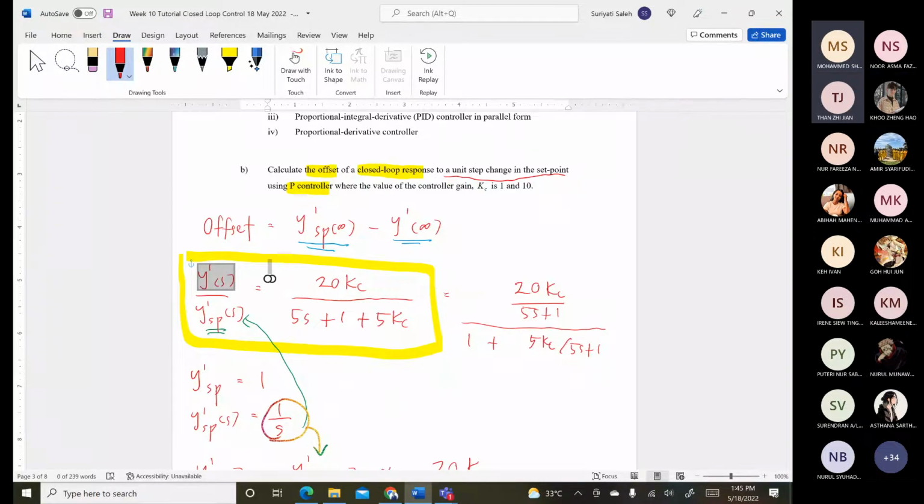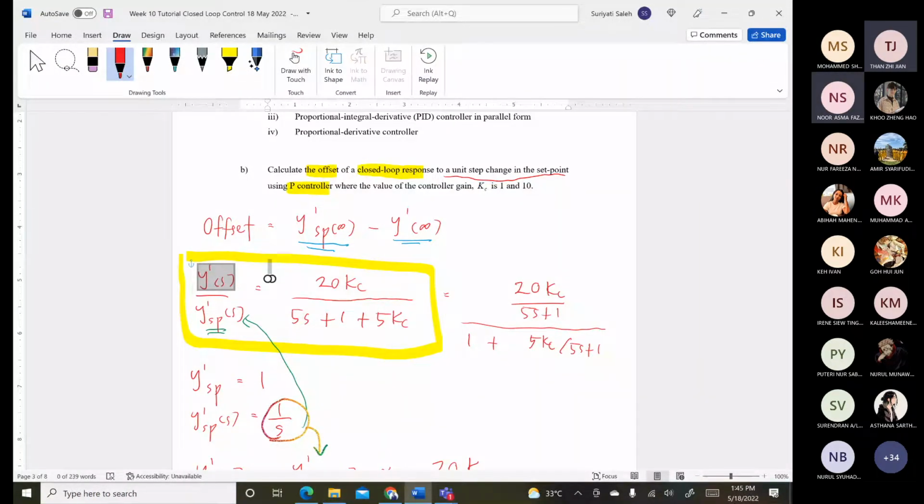Do we have to always assume it as 1, or is there any value that we can assume? When the question does not provide the value of the unit step change, then you can put any value. Of course, the easiest one is 1. But if you use 2, 3, 5, then it's also acceptable, no problem. Okay, Doctor. Thank you.